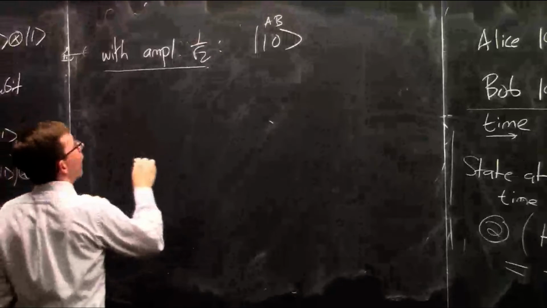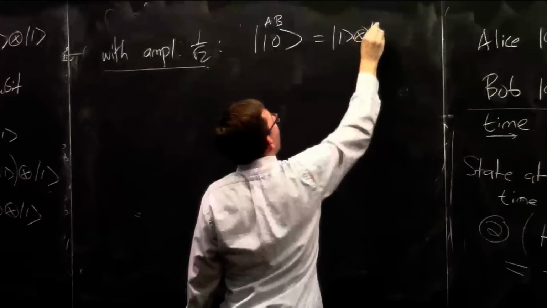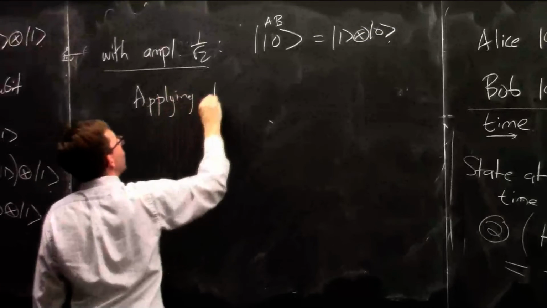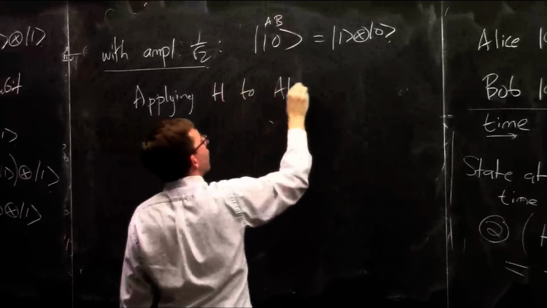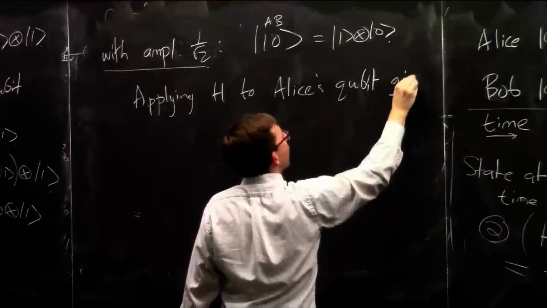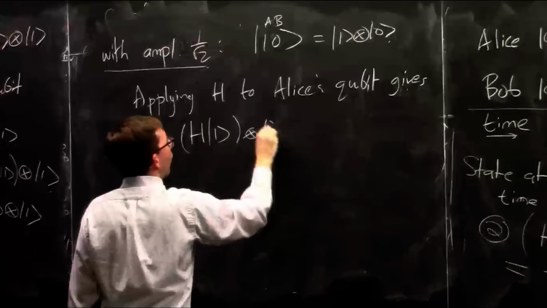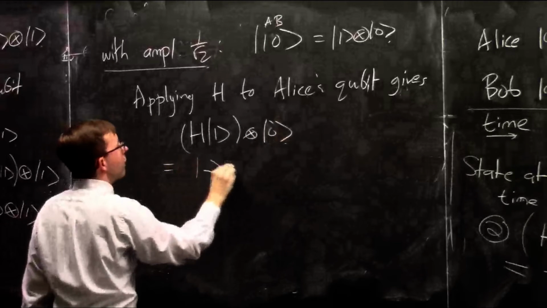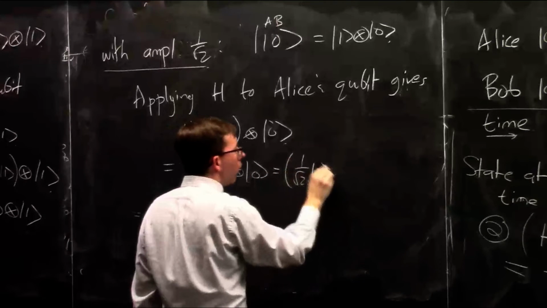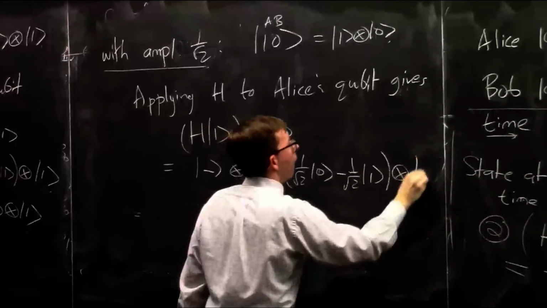Okay, and all right, this is 1 tensor 0. Then applying H to Alice's qubit gives H1 tensor 0, which is minus tensor 0, which is 1 over root 2, 0, minus 1 over root 2, 1, tensor 0.